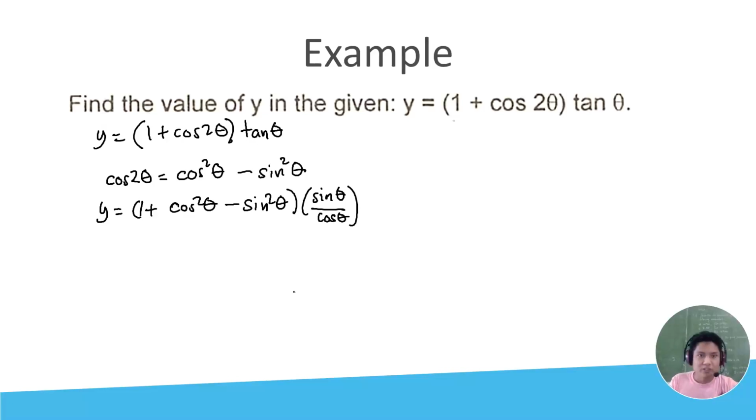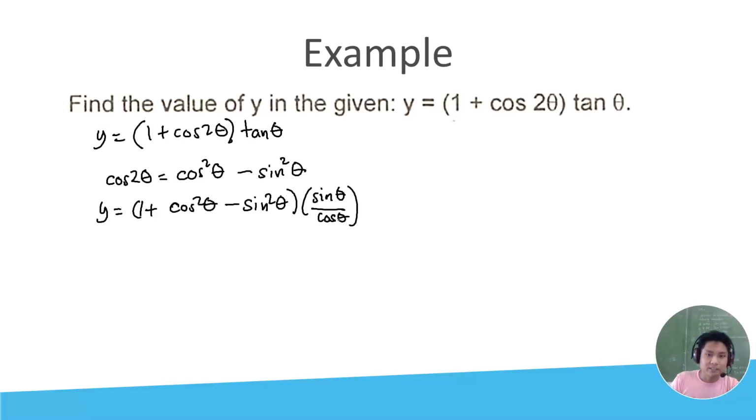So our equation becomes longer. So let's try to find some identities within this equation. So as you can see here, we have 1 plus cosine squared theta minus sine squared theta.